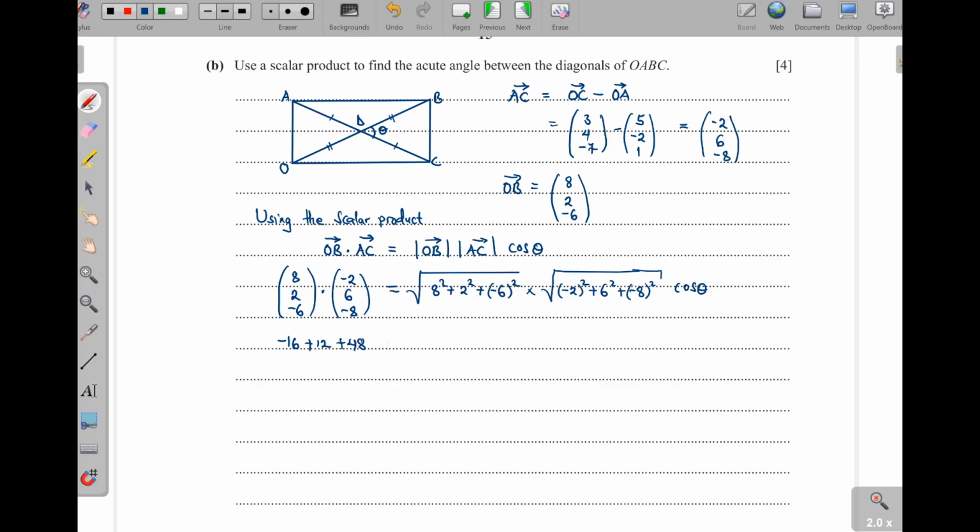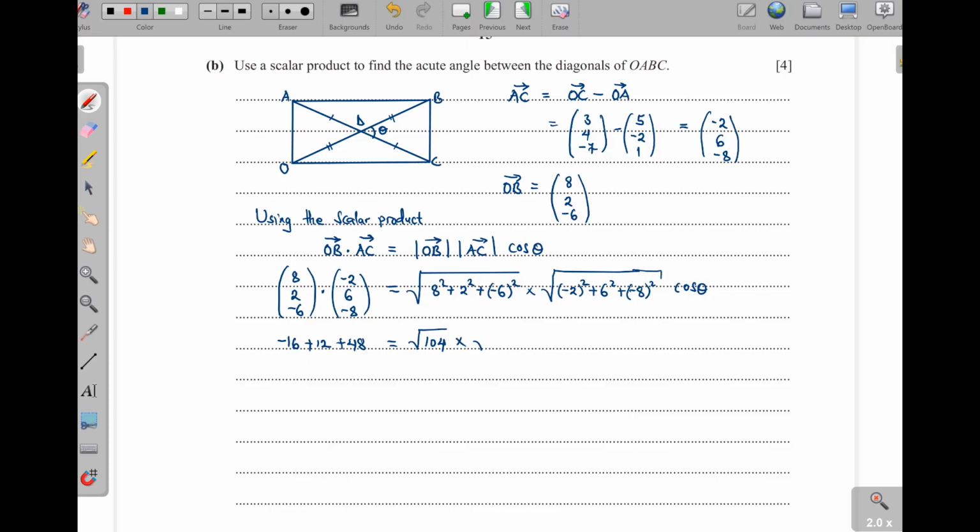Then this one will be equal to, what do we get in here? The square root of 64 plus 4. 64 plus 4 gives us 68. Then 68 plus 36 is 104.